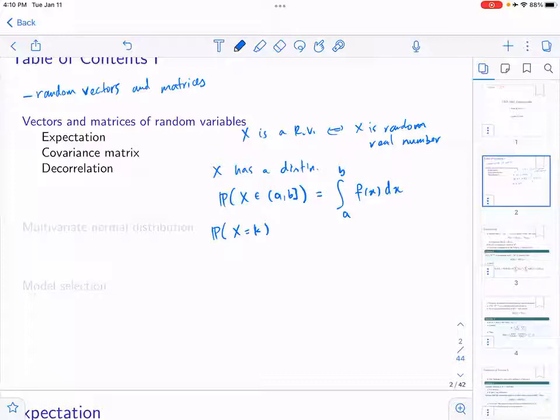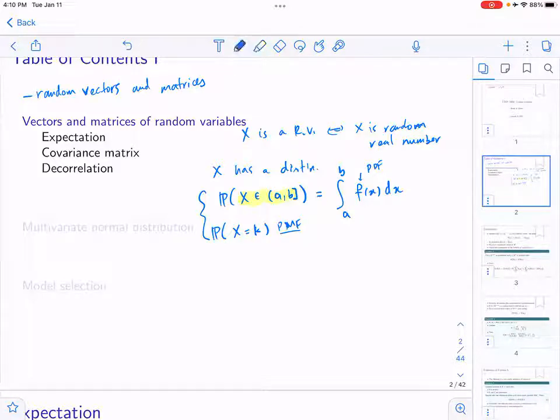Sometimes this is called the PMF, and this is the PDF, the probability mass function. I hope these things are sort of clear. There are some distinctions in dealing with this, but a distribution basically tells you how to assign probability to events. What is the chance that X is in an interval?